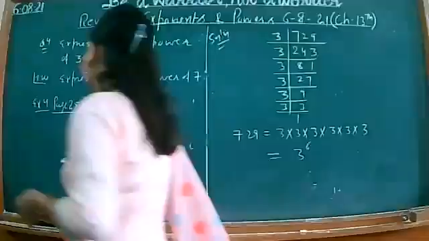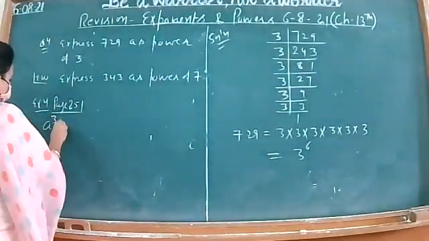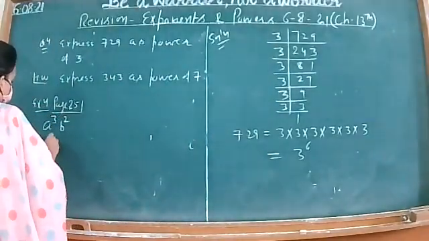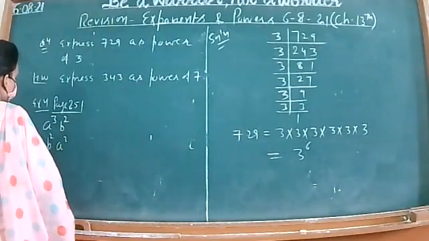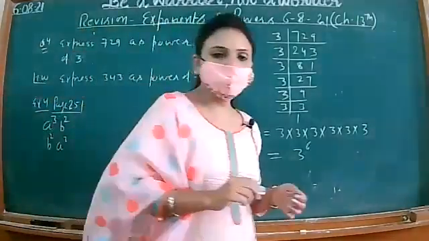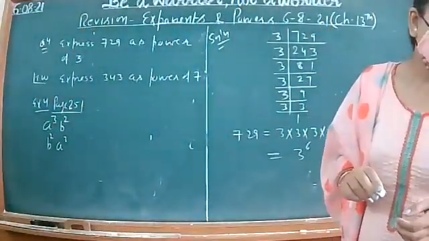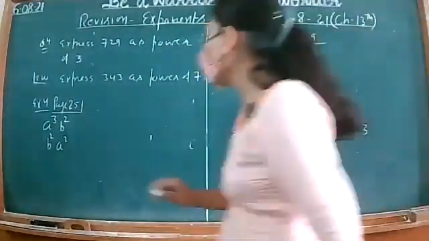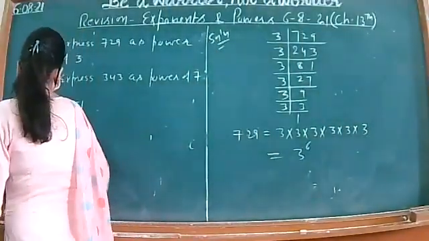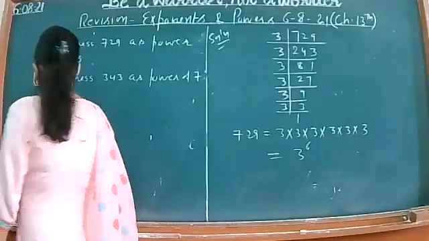Expand a cube b square. Second is a square b cube.